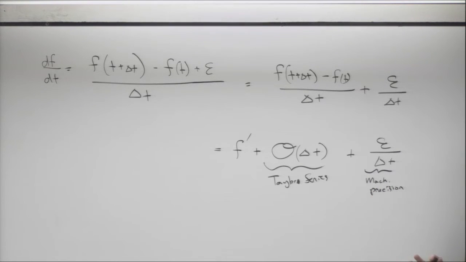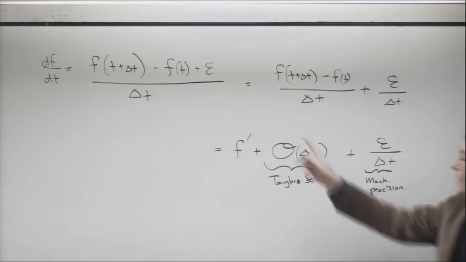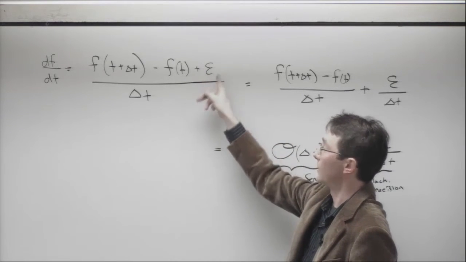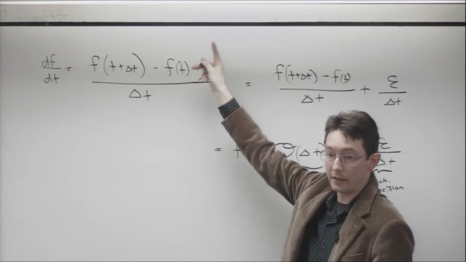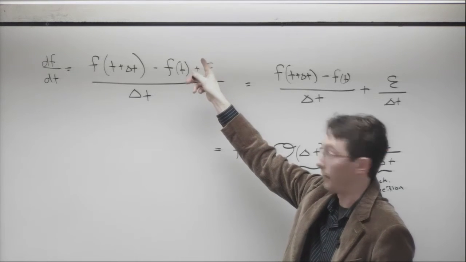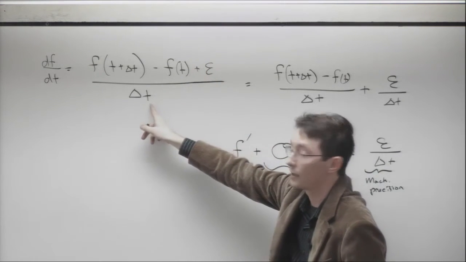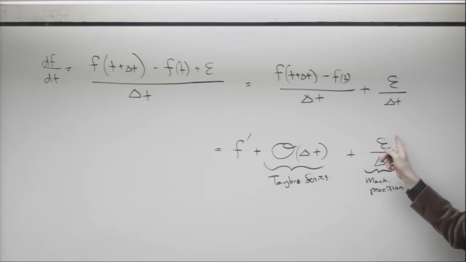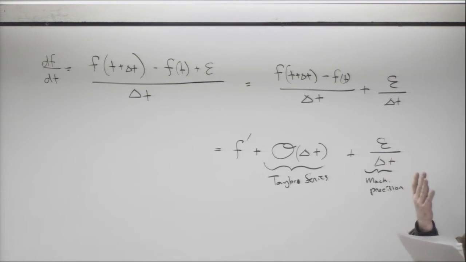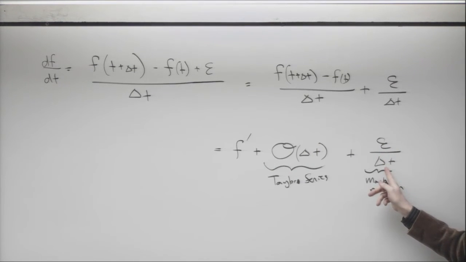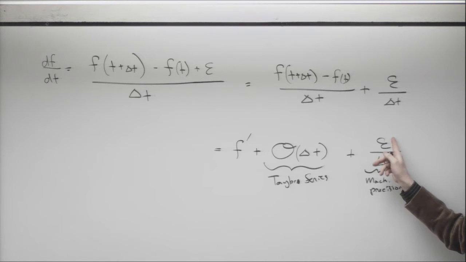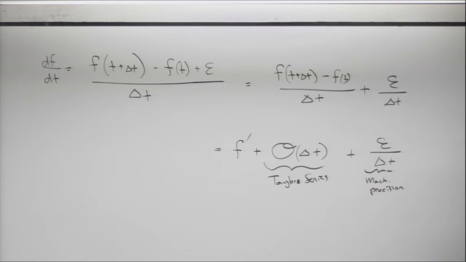Does that make sense so far? Every time you enter a number in Matlab, there's some little round-off fudge error that is introduced in that step. And if delta t is too small, you actually make that round-off error look really big. If you divide by a really small delta t, this number starts getting big. Are there questions before I move on?